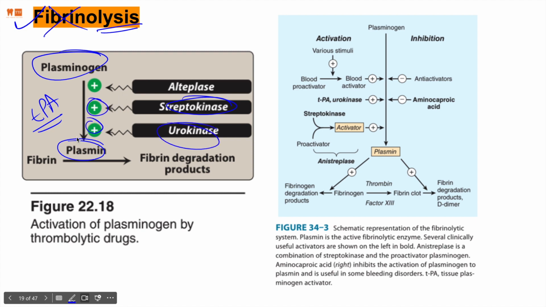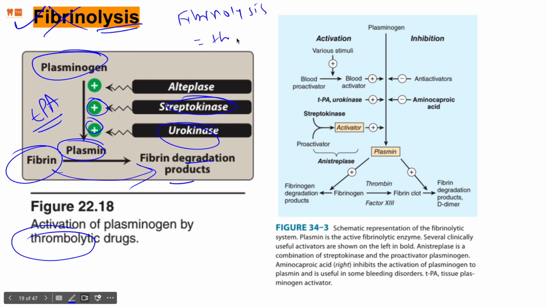It increases plasminogen conversion to plasmin, and then plasmin will break down the fibrin clot into small degradation products. These are thrombolytic. Therefore, fibrinolysis is thrombolysis.